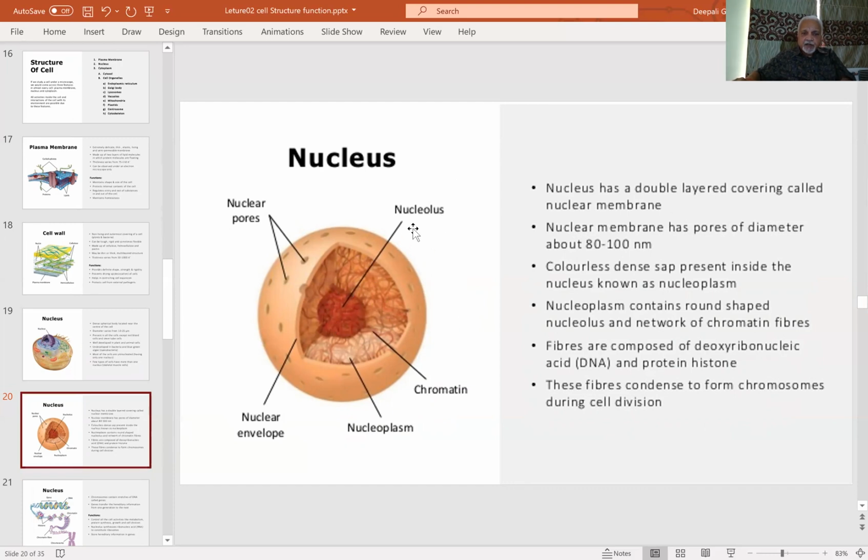And interestingly, the nuclear envelope is not a continuous structure. It has a lot of pores in it, nuclear pores, and that is for the movement of macromolecules from nucleus to cytoplasm and from cytoplasm back to the nucleoplasm. So this is the typical organization of nucleus in eukaryotic cells, whether it is an animal or plant.